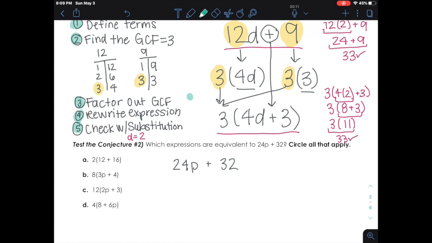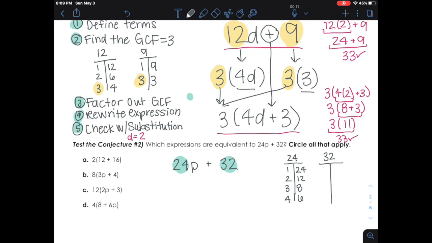Okay, step 2 is to find the greatest common factor of those numbers. So we're looking for the GCF of 24 and 32. So we'll create some T-charts over here. 24: 1 times 24, 2 times 12, 3 times 8, and 4 times 6.